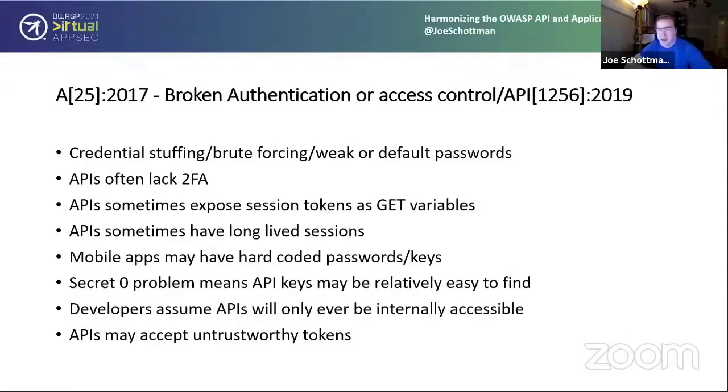There's a secret zero problem. Secret zero is that when you're working with stored credentials, at some point there always has to be a little bit of trust. So if I have a system that I'm deploying to Kubernetes that's going to make API calls to a third party, it needs to get the key at some point.